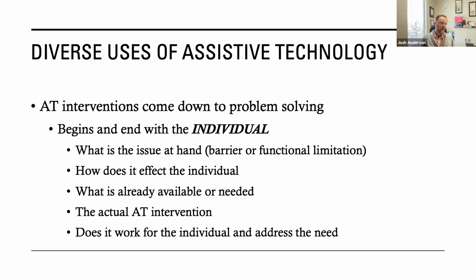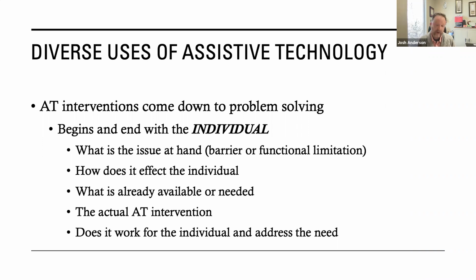What is that barrier or functional limitation? And then more importantly, how does it affect the individual? That's, I think, where a lot of things in assistive technology can get, I don't want to say fouled up, but I guess fouled up would be the best way. When I talk to my team, be it folks that have been here forever or new folks, I always tell them when you're writing that report and giving it to the university or to vocational rehabilitation or to the employer, you're the expert on assistive technology.